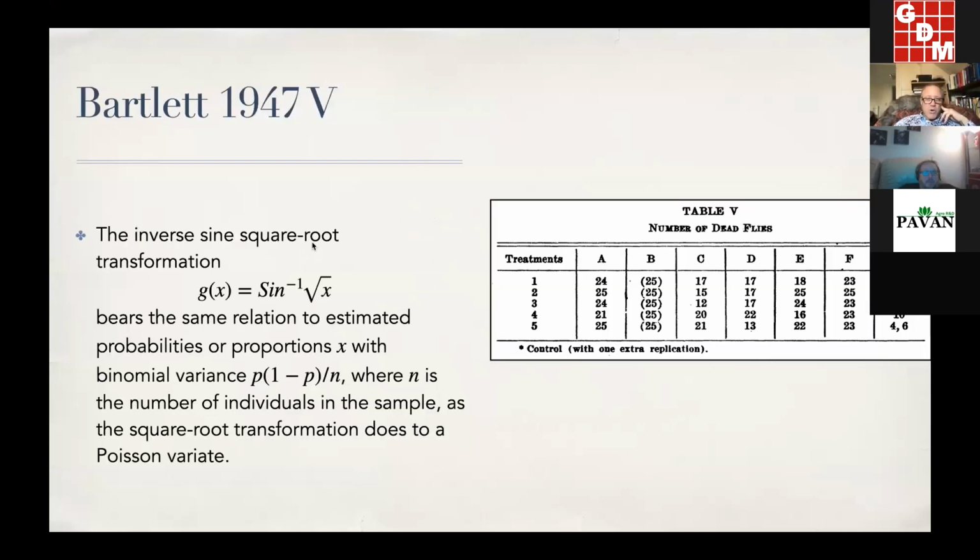The arcsine square root transformation, and the reason I noted this in there, when you have proportions, it bears the same relationship in probabilities, proportions following a binomial distribution, where the variance is the probability or the proportion divided by the number of samples. It follows the same relationship to that type of distribution as the square root transformation does to a Poisson variant.